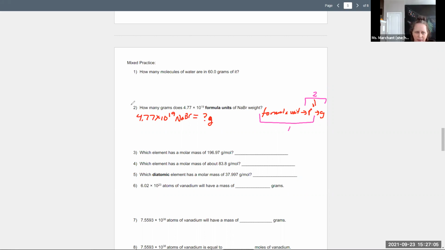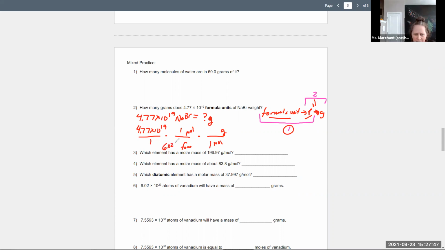So now let me rewrite 4.77 times 10 to the 19 over 1 times, I have 2 arrows, 2 fraction bars. My formula units are going to go on the bottom because they're on the left side of my arrow. My moles are going to go on the top because they're on the right side of the first arrow, since I'm on the first conversion. My second conversion, moles, is to the left of the second arrow, so it is the known, and grams is the unknown. 1 mole, always a mole.